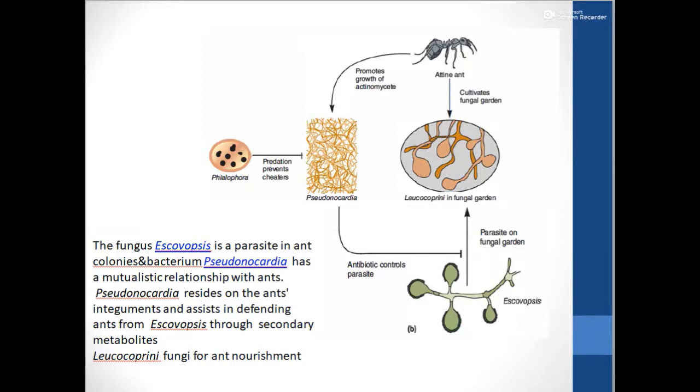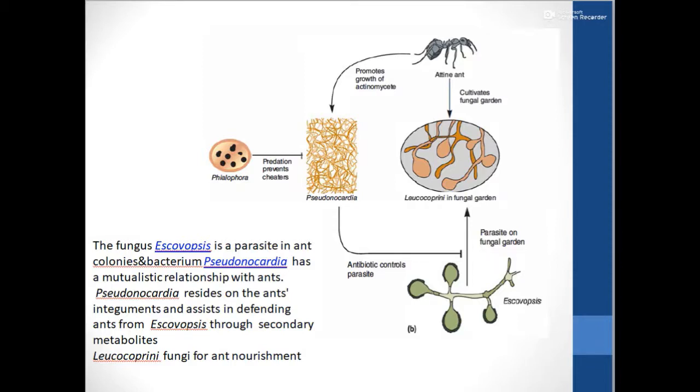But another parasite called Escovopsis is a parasitic fungus which will inhibit or try to destroy the fungal garden.